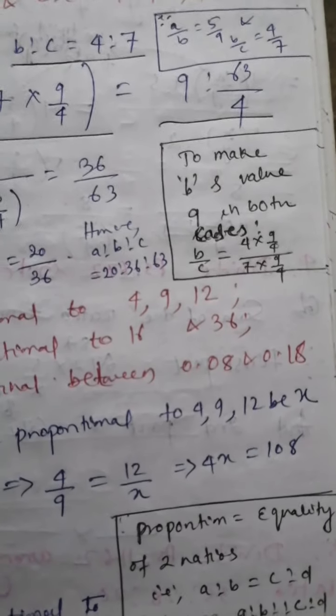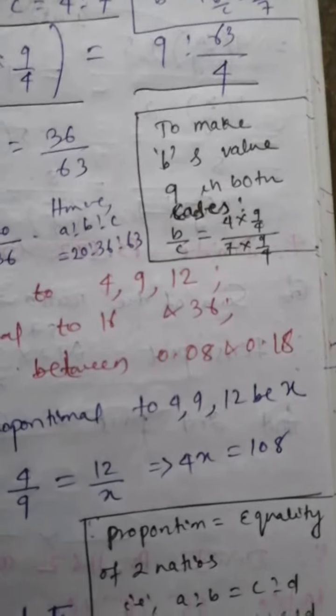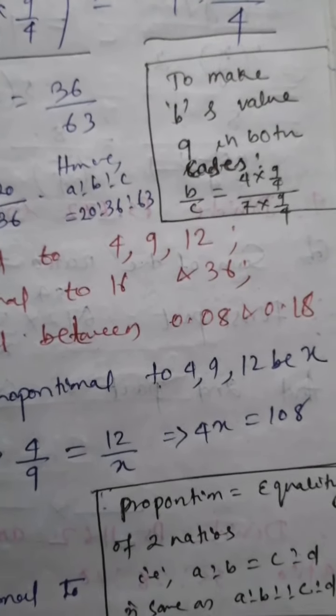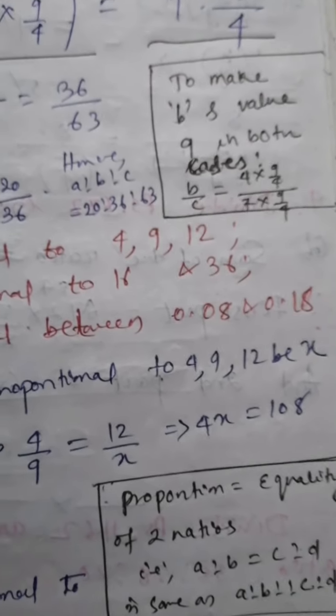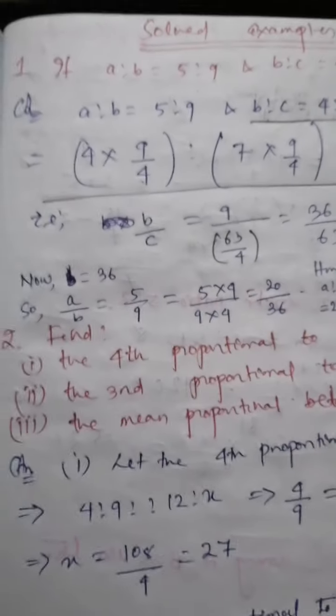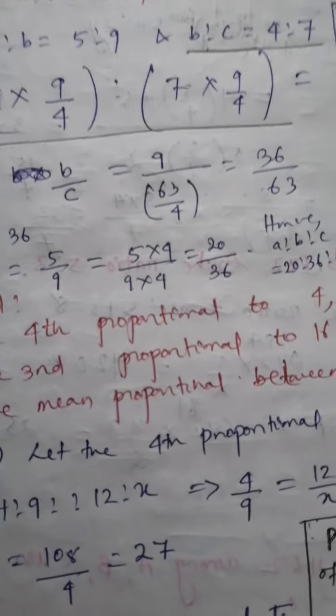So to make B's value equal, we write B by C equals 4 into 9 by 4 divided by 7 into 9 by 4. In the numerator and denominator we have multiplied the same fraction. This way we find the result B by C equals 36 by 63.